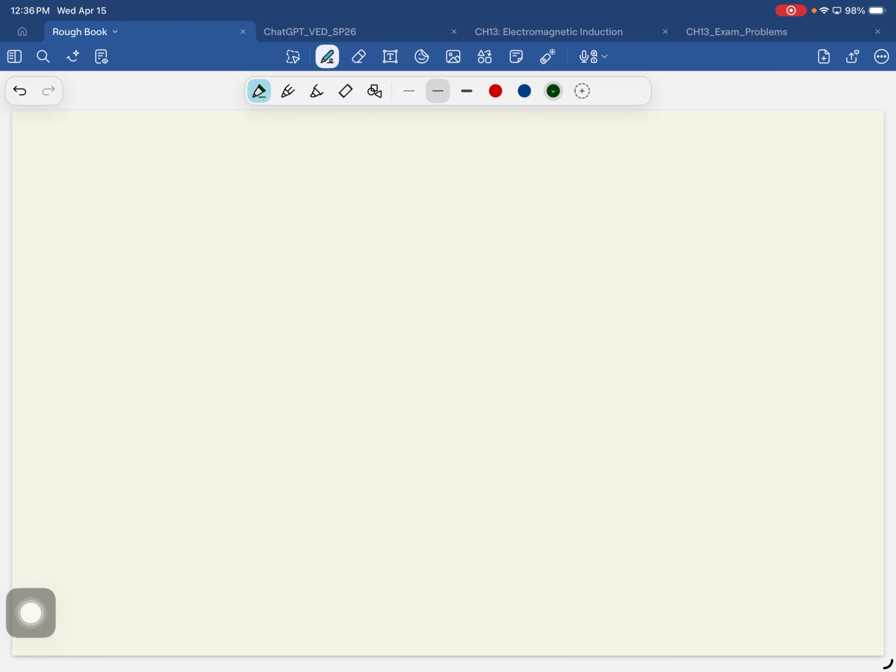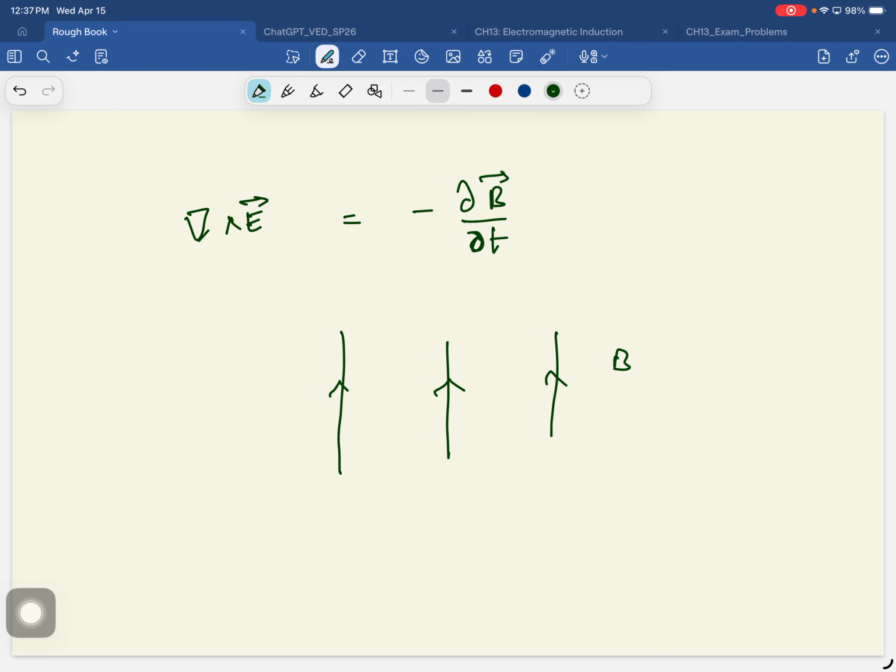Now when you do Calc 3, you will do line integrals and so on, and you'll learn something called Stokes' law. So you'll learn that there. But anyway, here's this equation, minus del B by del T. So what we'll do is, here's a magnetic field.